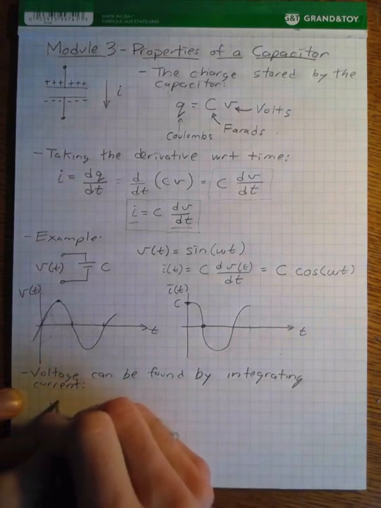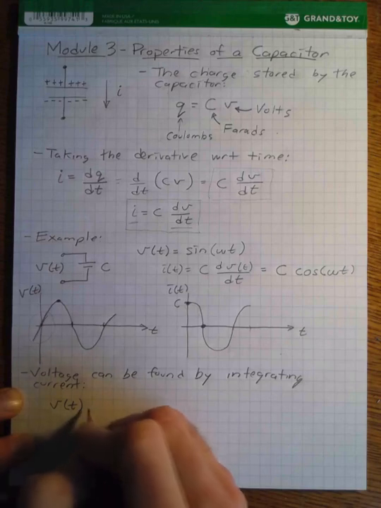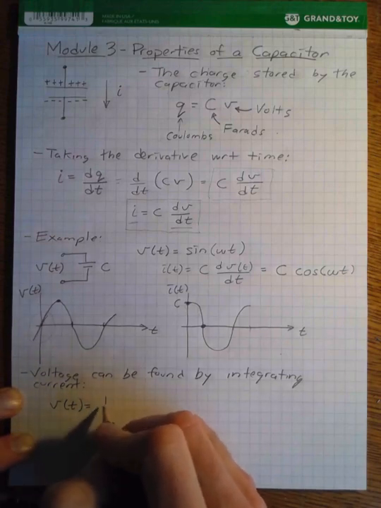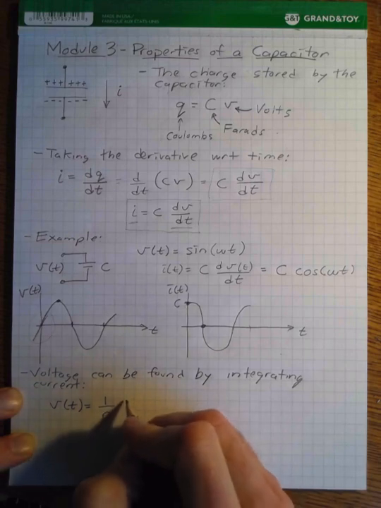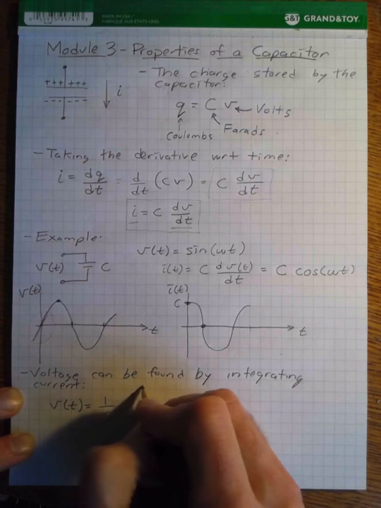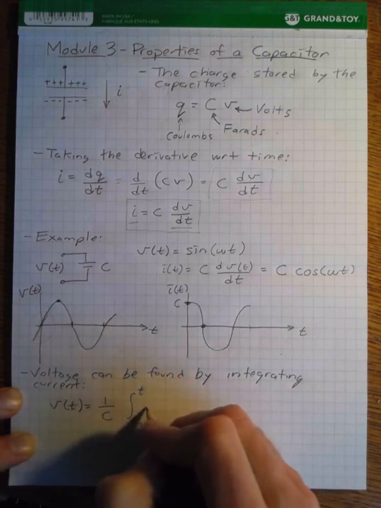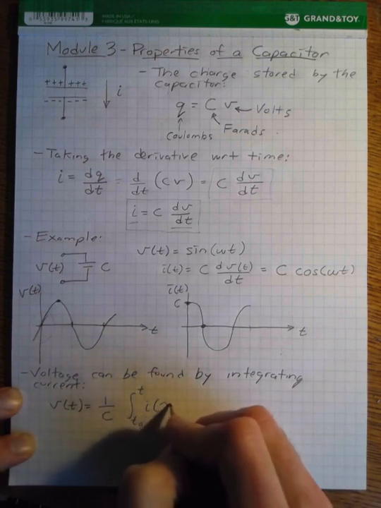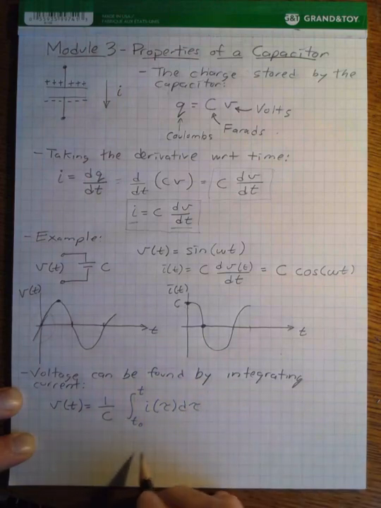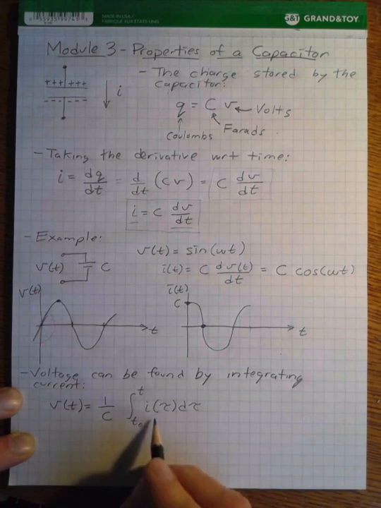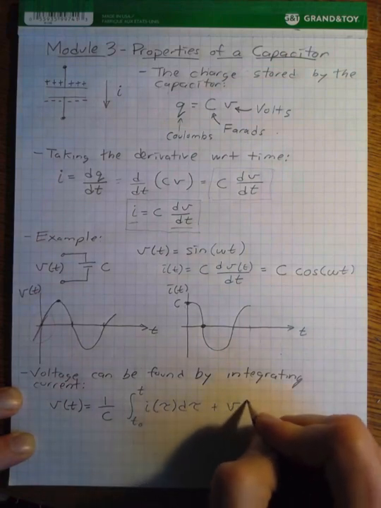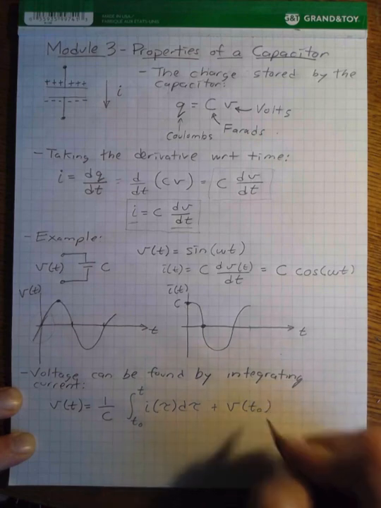And so voltage as a function of time is equal to 1 over the capacitance times the integral from some time t naught to our current time t of our current that changes as a function of time, plus whatever voltage we had at time t naught.